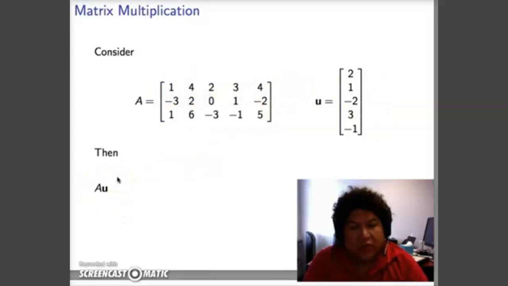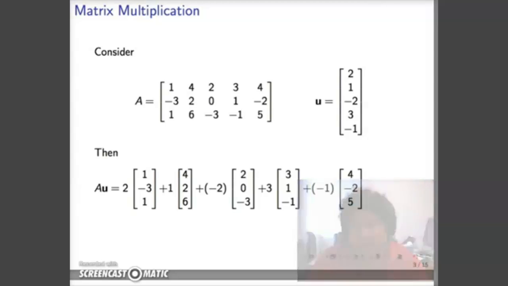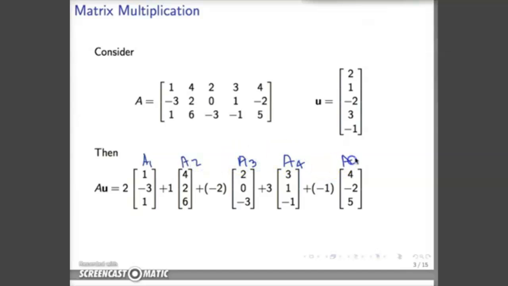So we're going to compute the product A times u by applying that definition, right? So we are writing each of these columns. Here's A1, here's A2, A3, A sub 4, A sub 5, and then we are using the entries of the vector as the scalars.